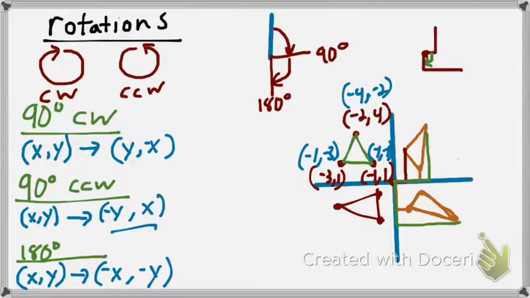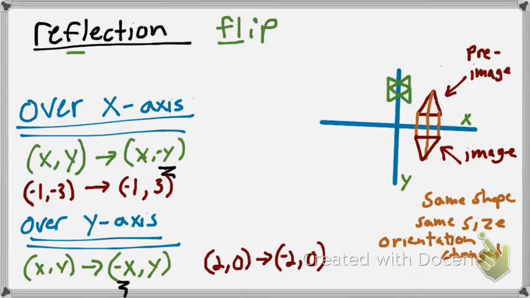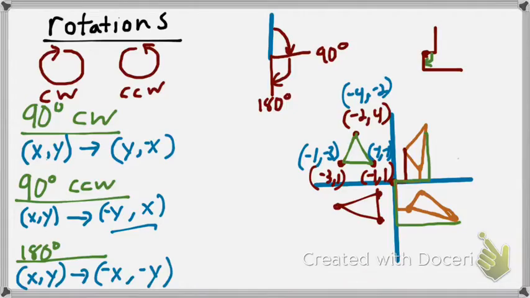Now, with rotations, did the shape change? No. So the angles all stayed the same. Did the size change? No. So again, it's congruent. On these first 3, translation, reflection, rotation, they all stayed congruent. The location changed.